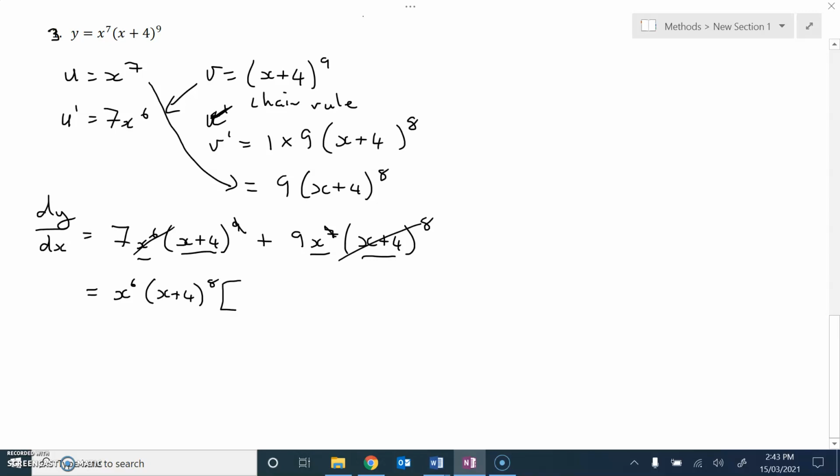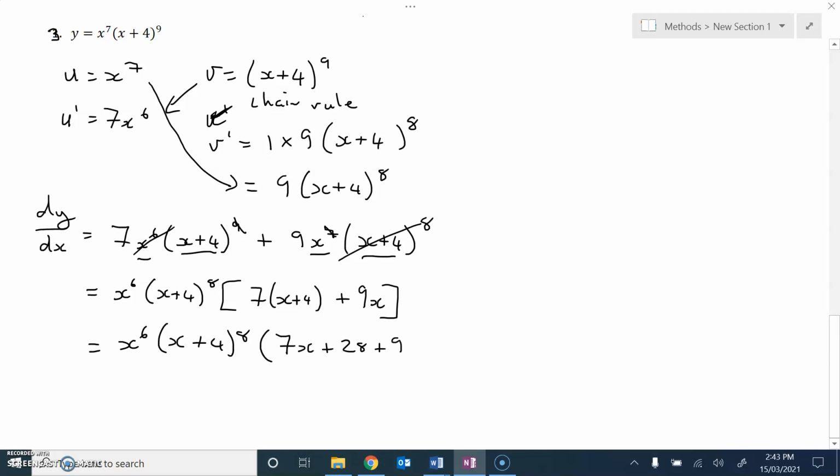And what am I left with? I'm left with 7 times (x plus 4) plus 9x. Now we can clean that up even more. (x plus 4) to the power of 8, and that becomes 7x plus 28 plus 9x.